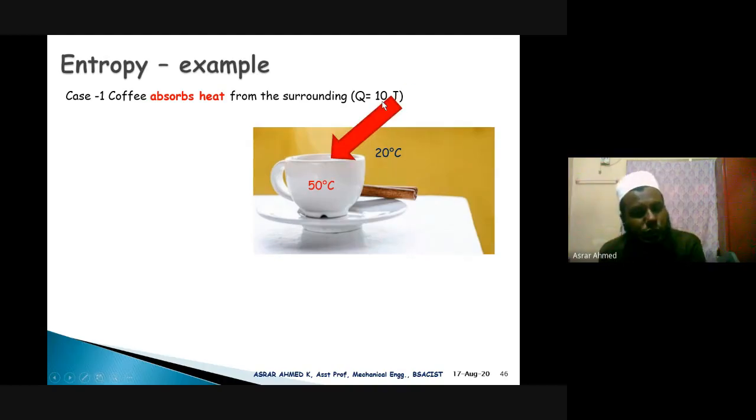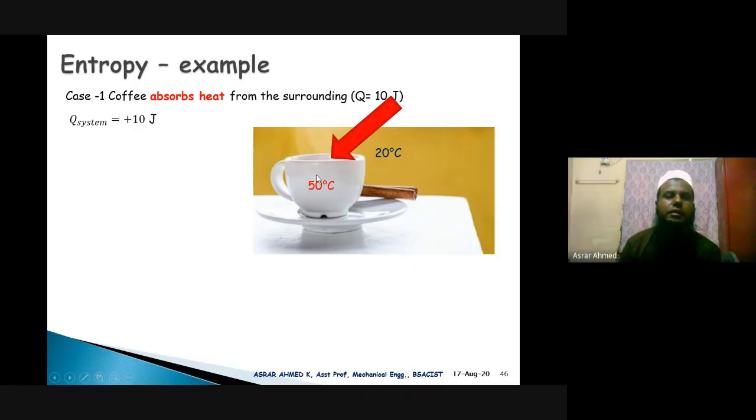So what is case 1? From the surrounding to the coffee. Let us say Q system; the system is coffee. The system is receiving plus 10 joule. Since it is receiving, it is plus 10 joule, and the surrounding is losing heat of 10 joule. If the system is being given 10 rupees, then the surrounding is losing 10 rupees.